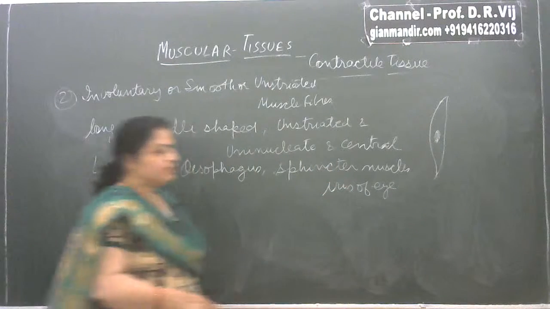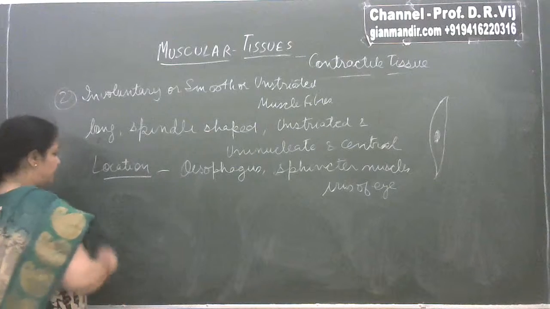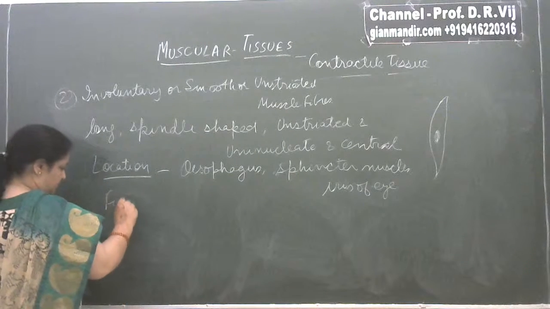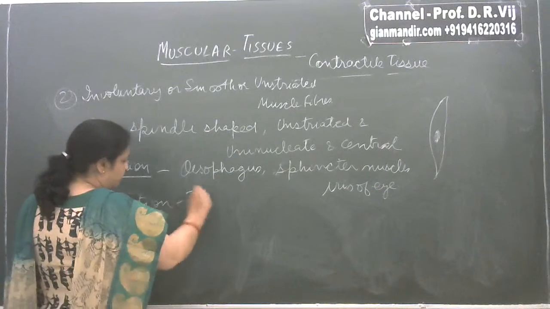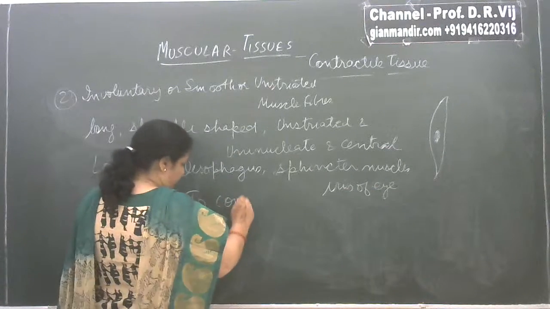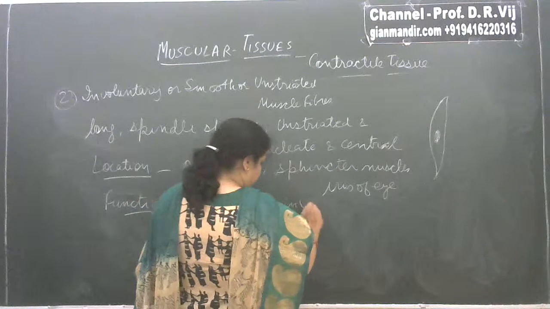So these are some of the examples where you can find these muscles, and their function is to control involuntary actions.